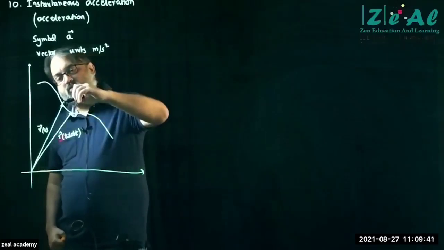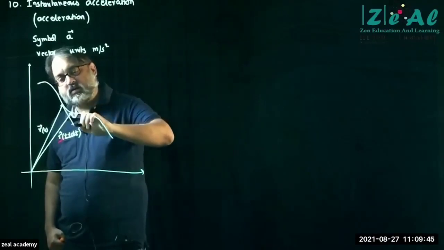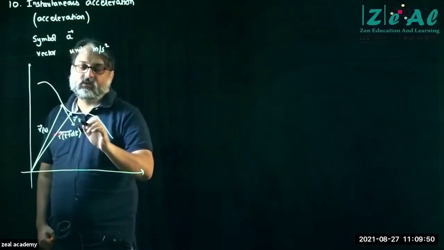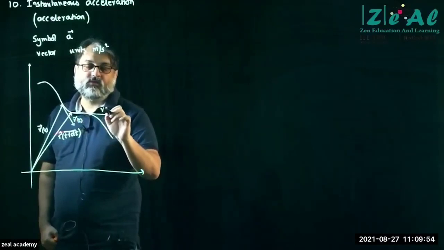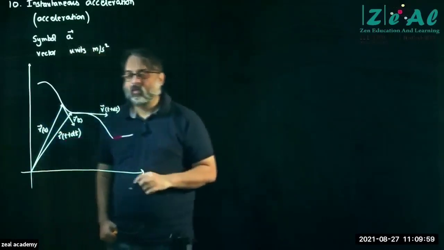So at this moment in time, there is some velocity vector of the particle given by this vector, which I will call the velocity vector at time t. And then we have the velocity vector of the particle at time t plus dt. Okay.